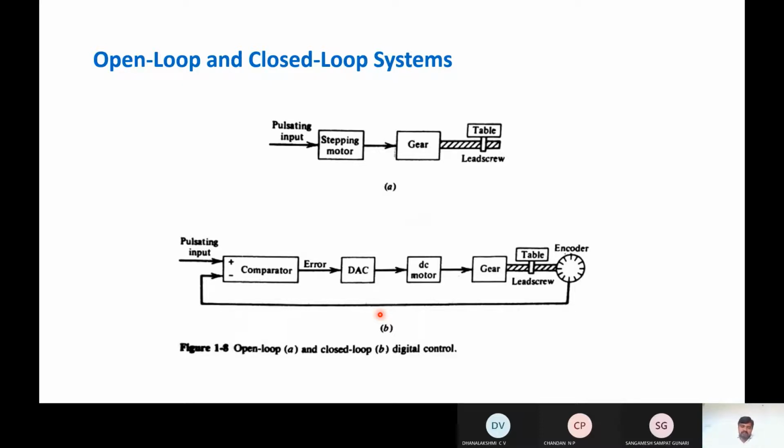That means in the case of machining, for drilling you can go for open loop. For milling, you should go for closed loop. Here we are continuously varying the feed and the depth of cut. Depending on that, the load applied to remove material will also vary.